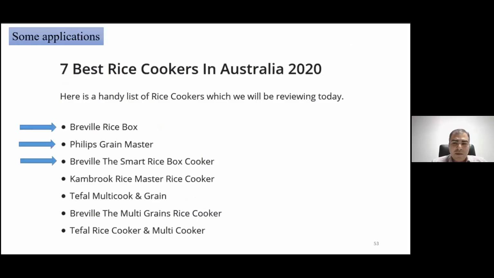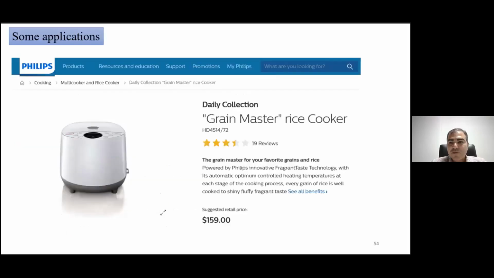And the arrow shows those rice cookers in which fuzzy systems have been applied. The 3 rice cookers at the top of the list have used fuzzy systems as the fuzzy controller.